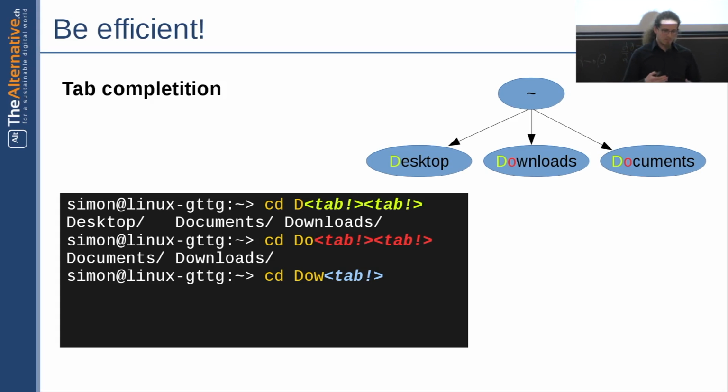And if you want to further narrow down your search, you can type an E, and then if you press tab again, you get the completion to Documents. If it's not that clear, the next character you type just narrows down the search space and you can type until you get the completion that matches what you're actually looking for.